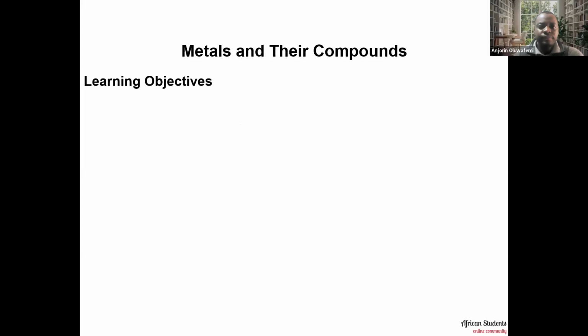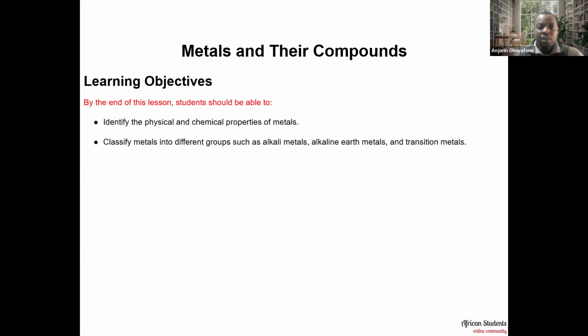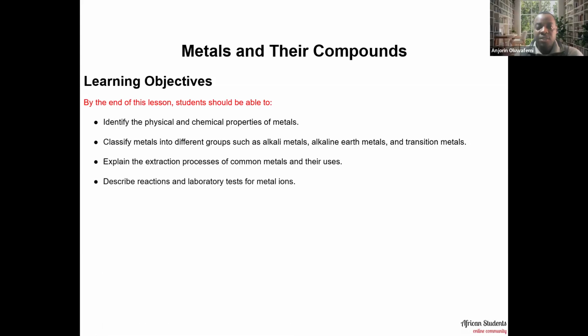It is expected that by the end of this lesson, students should be able to identify the physical and chemical properties of metals, classify metals into different groups such as alkali metals, alkaline earth metals, and transition metals, explain the extraction process of common metals and their uses, describe reactions and laboratory tests for metal ions, and understand the formation, types and importance of alloys.